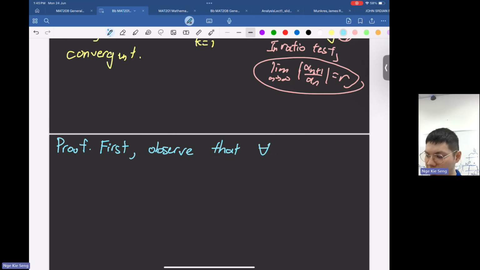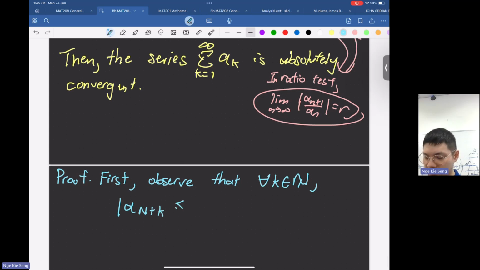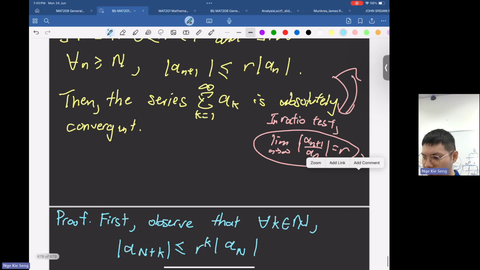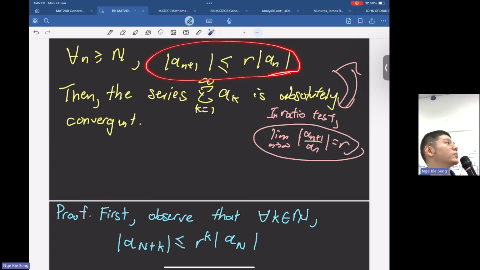We can apply the inequality multiple times, so that we get the absolute value of a_{n+k} is less than or equal to r^k times the absolute value of a_n. Can everyone follow this? You can apply this multiple times.